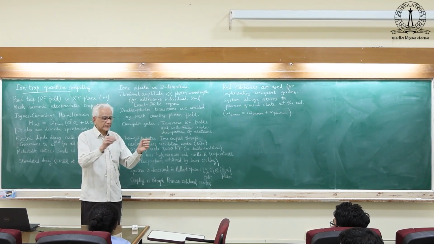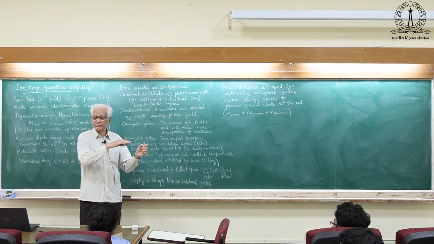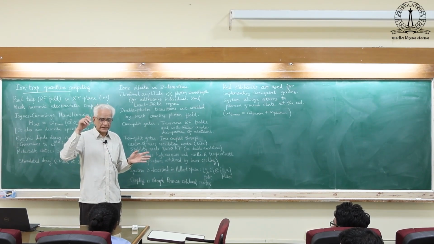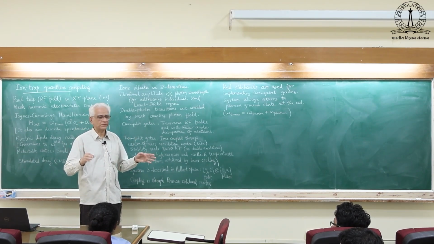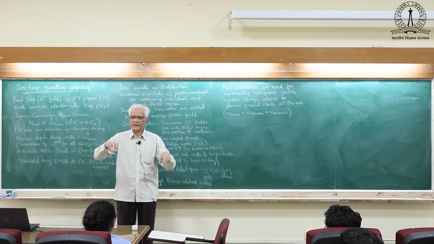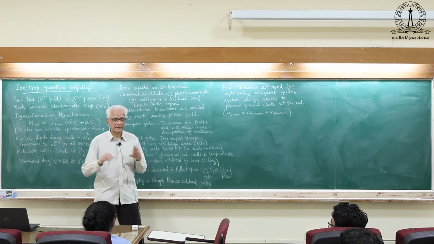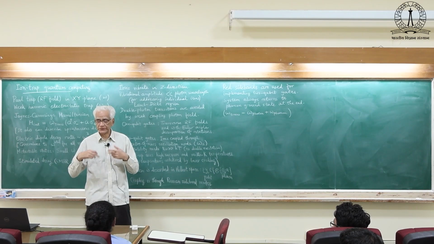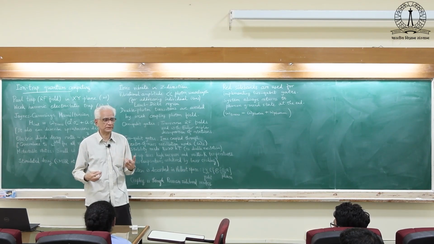Because when the center of mass mode is used, the distance between the two locations doesn't matter, because all of them are moving synchronously. You emit a phonon in one place, absorb it at the other place, so that at the end you are in the ground state, and then these two ions end up getting coupled, depending on the operation you perform, which emitted the phonons or absorbed the phonons. Okay.